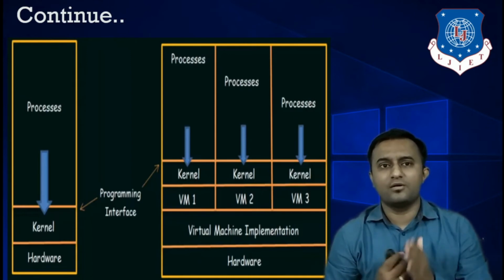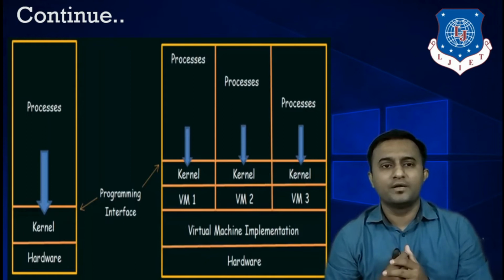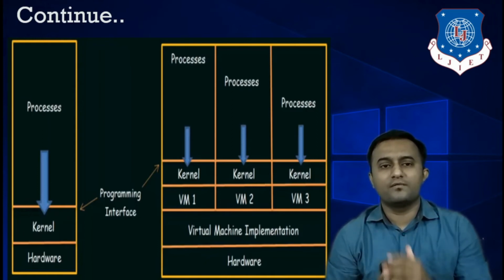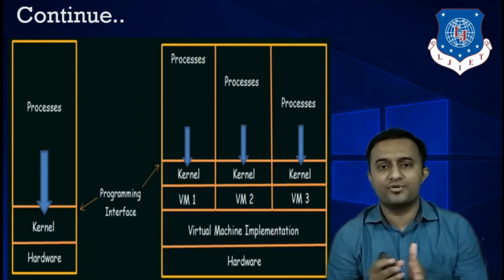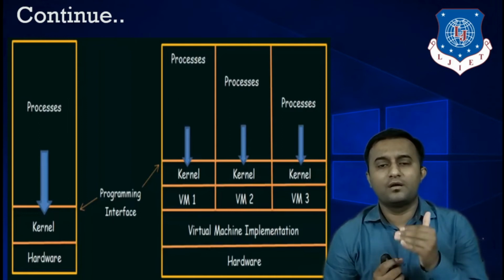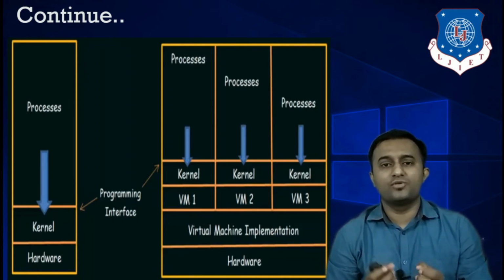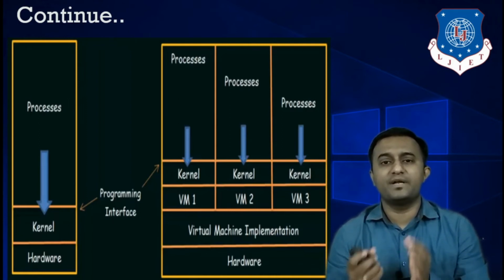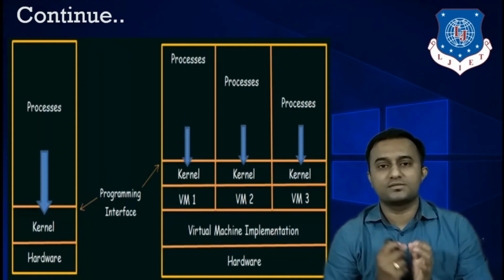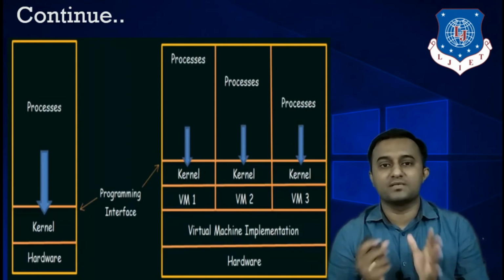Now look at the second figure, in which the bottom layer is the same, computer hardware. On the hardware we have installed, as I told you, virtual machine implementation software. Means we have installed Oracle VirtualBox, that is nothing but the hypervisor.